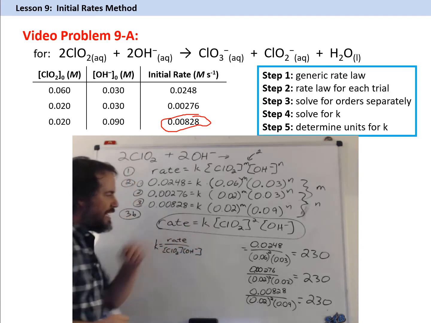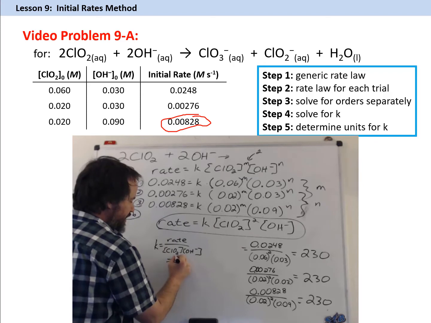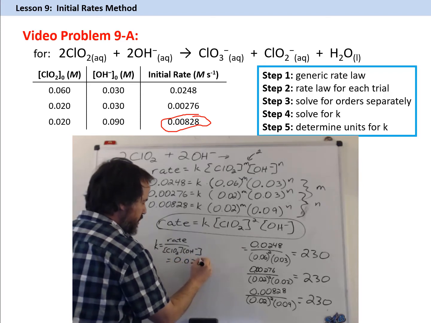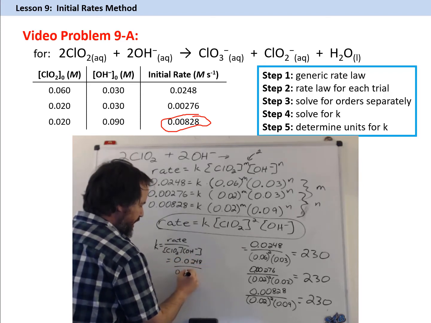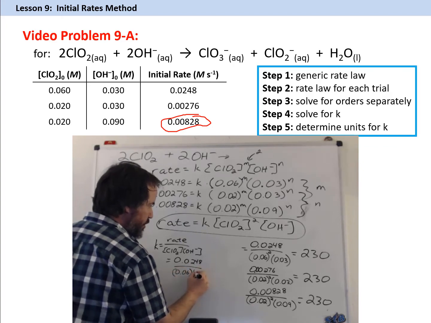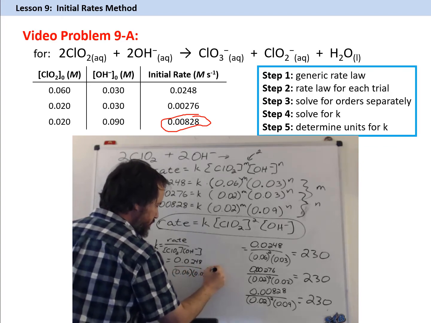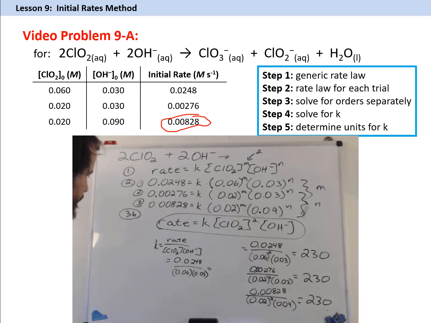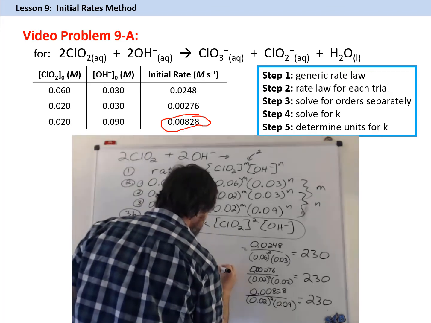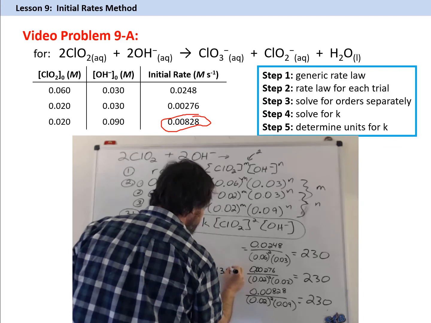In this case, if I plug these in, 0.0248 over 0.06 and 0.03, what do I get? 13.7 or 13.8.